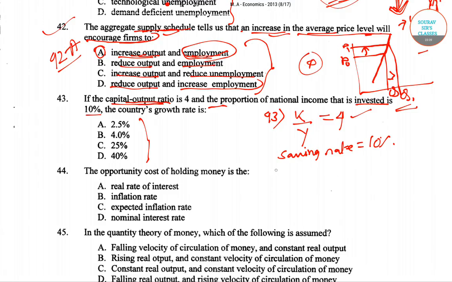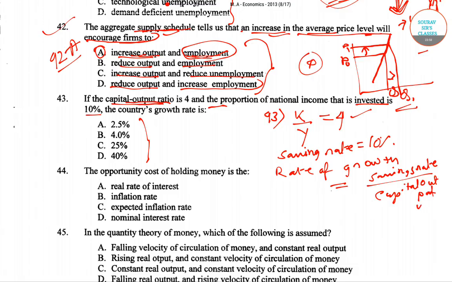And now we have to find the rate of growth. So the rate of growth is equal to savings rate divided by... so we have to remember the rate of growth of GDP.